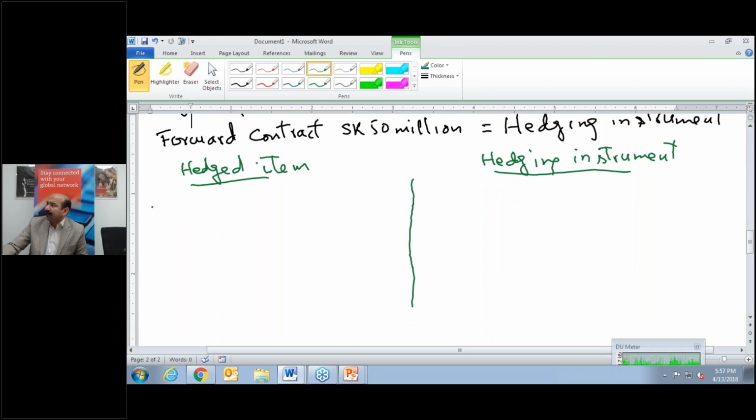See, on 1st June 2013, no adjustment, but we know that the spot rate on this date is basically 14.50 rupees per 1 SK. This is only a reference for the purpose of calculation.